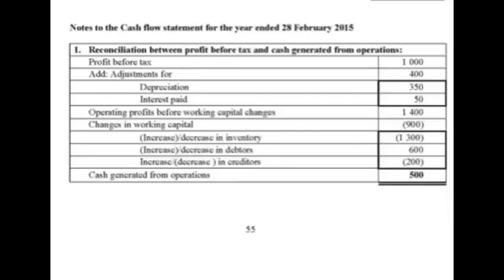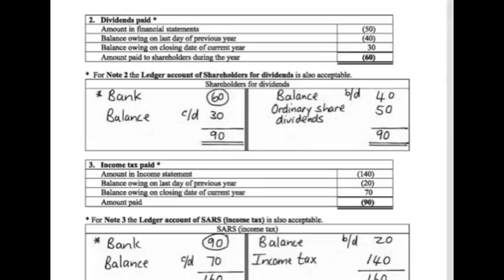Note number 2, dividends paid. We can either do it in T account form or we can do it as part of the note. The note, T account form, is entirely up to you. You can do whichever one works best for you. We've discussed the T account form already.